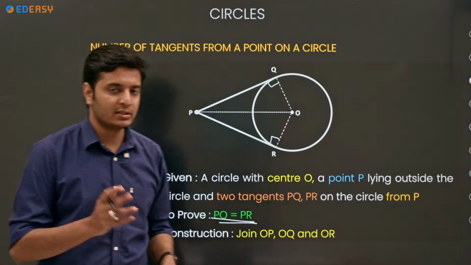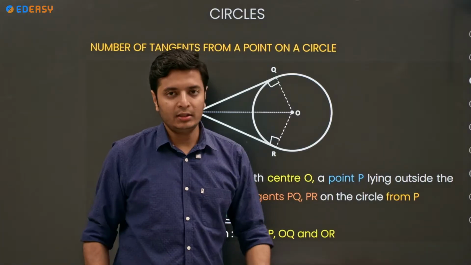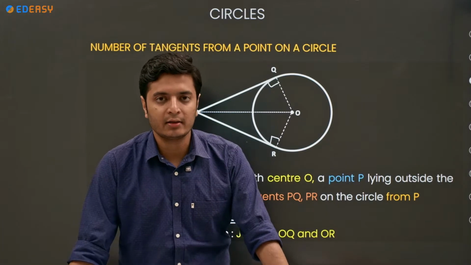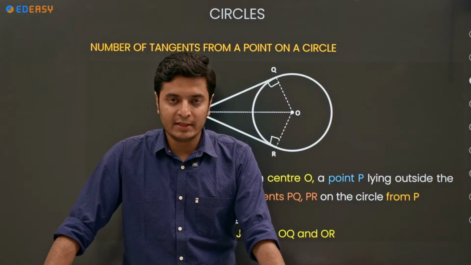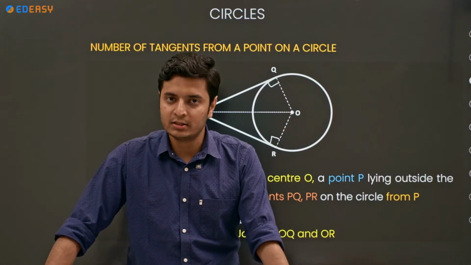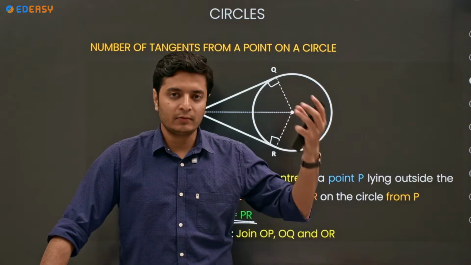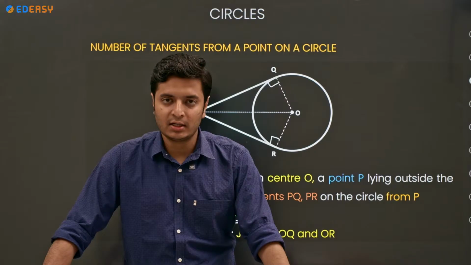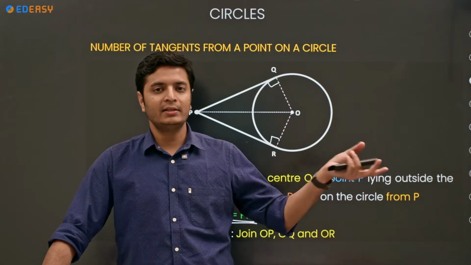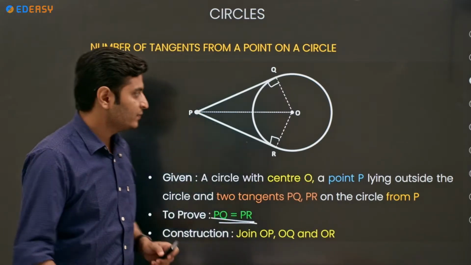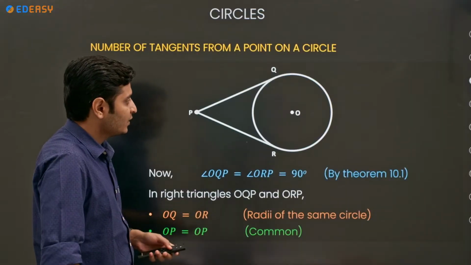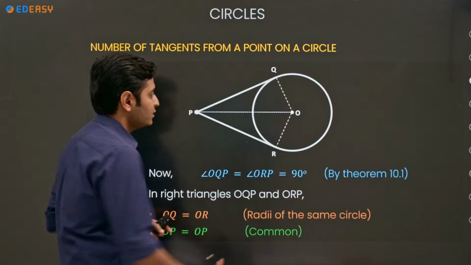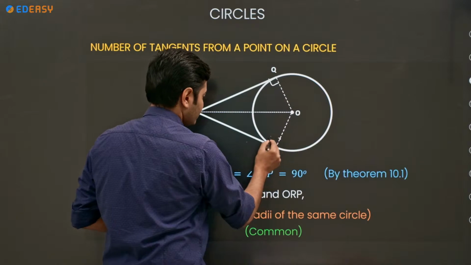What is the RHS congruence rule? In any two right angle triangles, if the length of the hypotenuse is equal to the hypotenuse of the other triangle, and also one of the corresponding sides is equal, then the two triangles are congruent, correct?